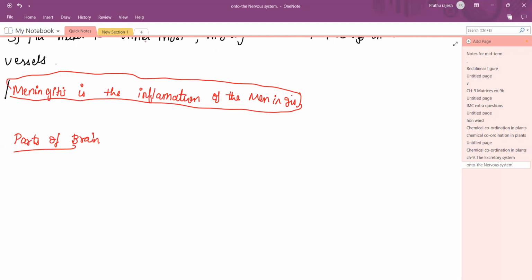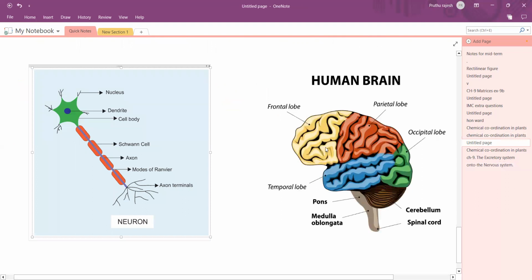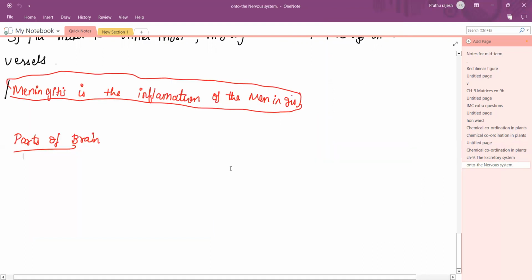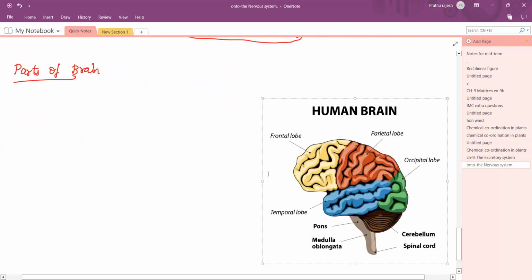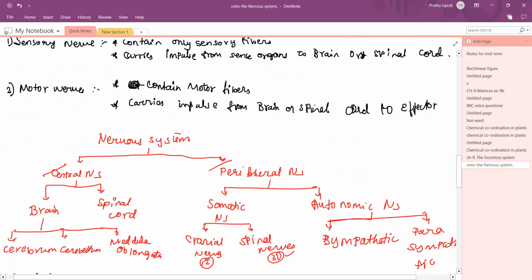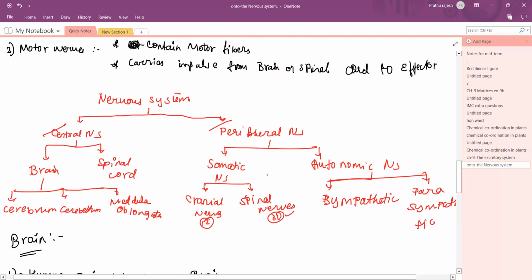Before I start with the parts of the brain topic, let me show you a figure. The brain is divided into three main parts, as we had discussed in this flowchart: cerebrum, cerebellum, and medulla oblongata.